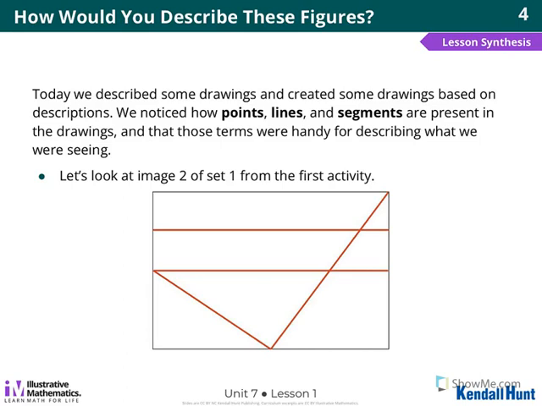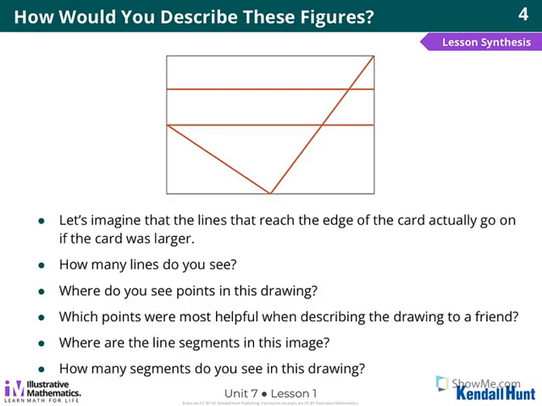Do you guys remember describing this one? Yep. Let's imagine that the lines that reach the edge of the card go on as if the card was larger. Like that line would keep going. Okay? Raise your hand. How many lines do you see?